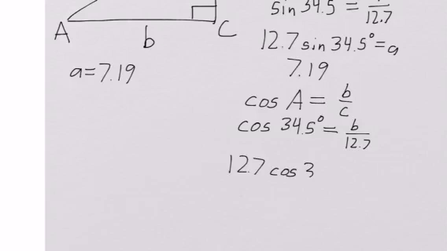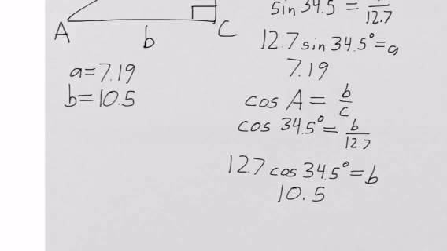So multiply both sides by 12.7. And then we can punch this into the calculator. And for this one, I get 10.5. And both of these are in inches.